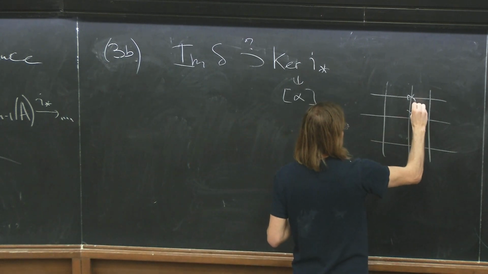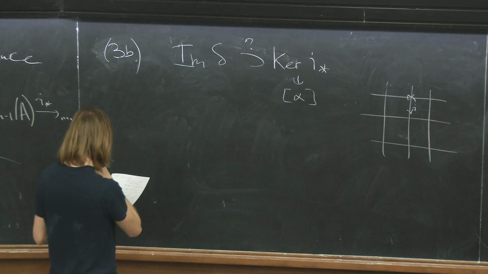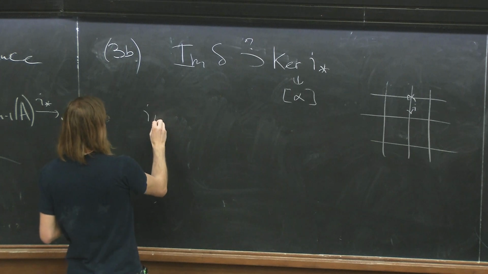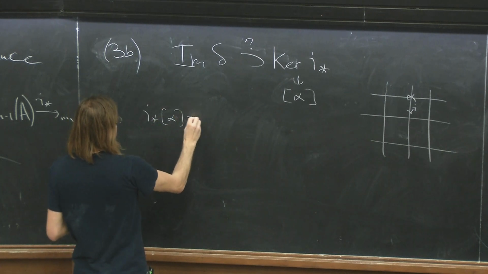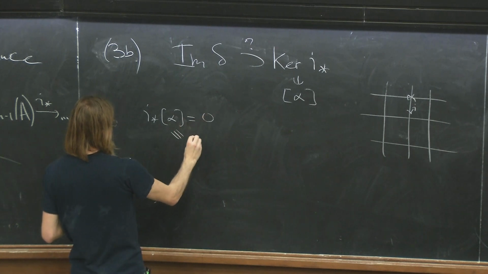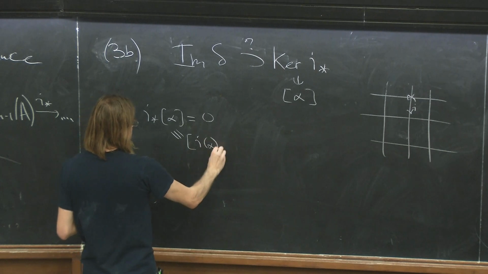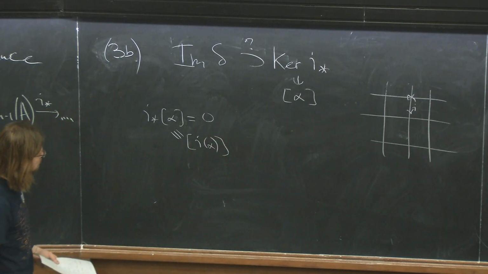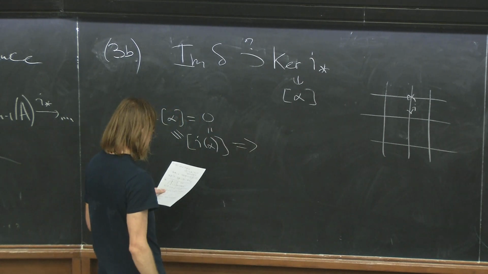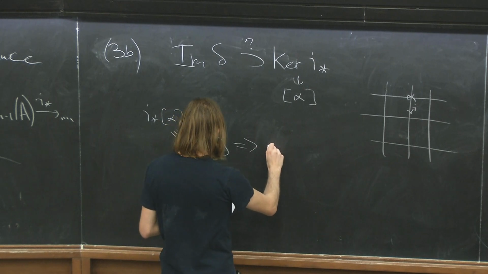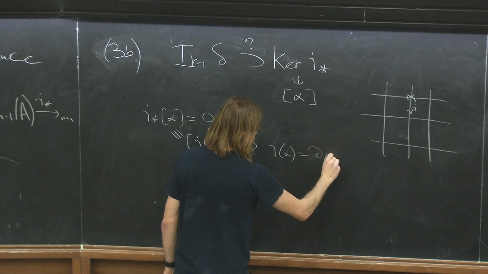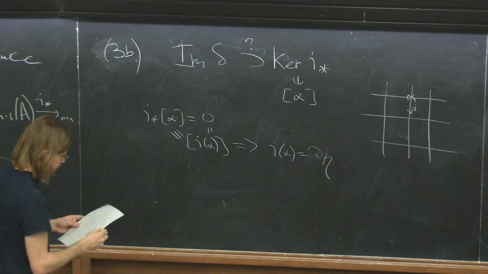Okay, it's in the kernel of I star, meaning that I star applied to alpha is 0, and by definition this is a class of I alpha. And the fact that this is 0 implies that I of alpha is D of something, call it eta.